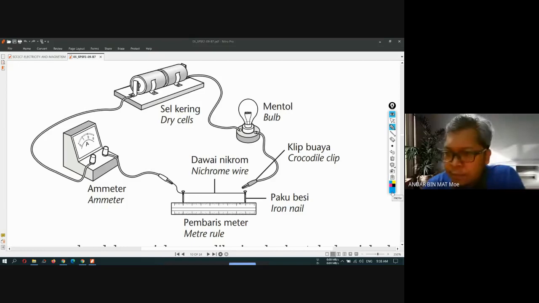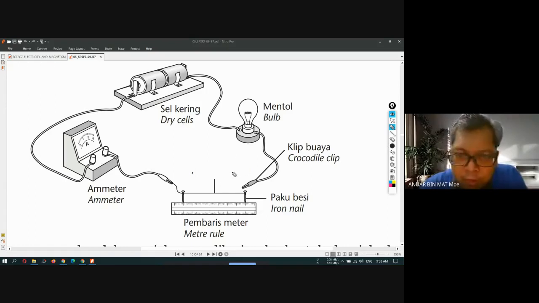So again, this is the nichrome wire over here.